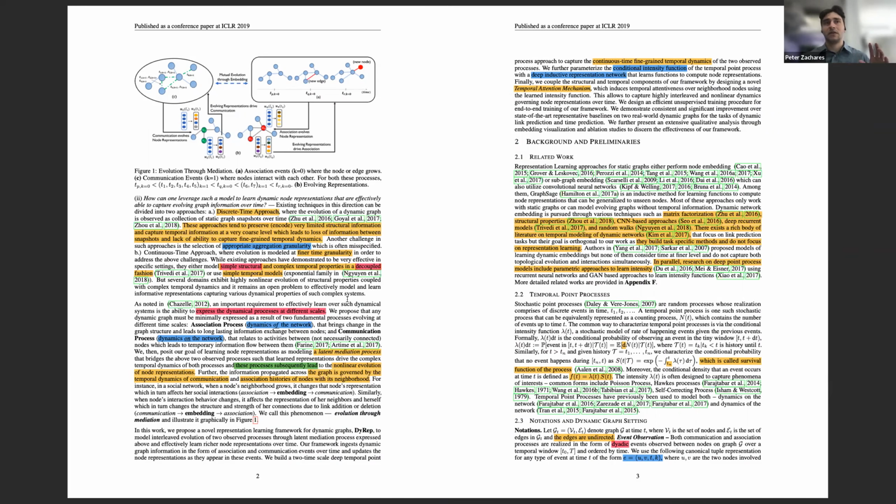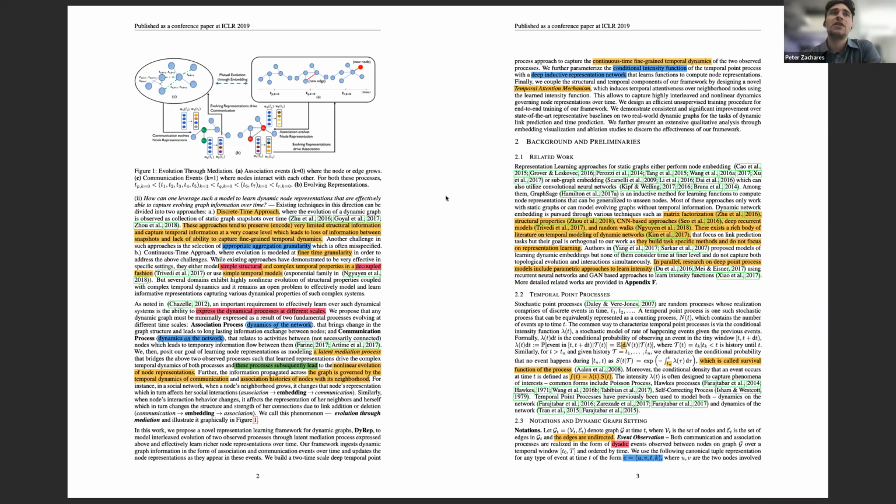So the way that it's presented, I haven't gone a lot into the related work, but if you're doing a discrete time approach, you basically get these snapshots of a graph that maybe can have more than one change to the graph at once, and you're trying to come up with representations of each, and then you maybe train a dynamics model or a transfer function to go between them.